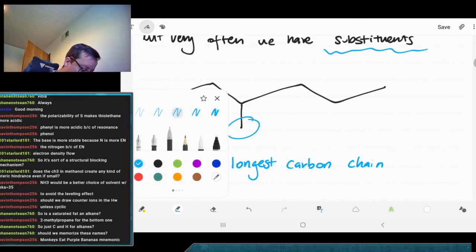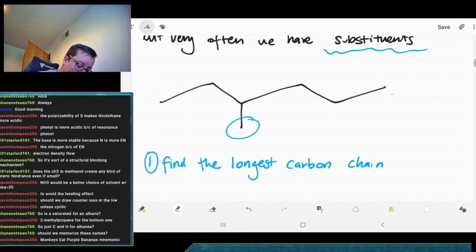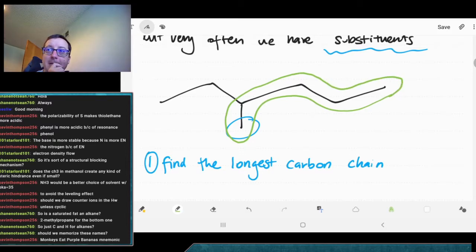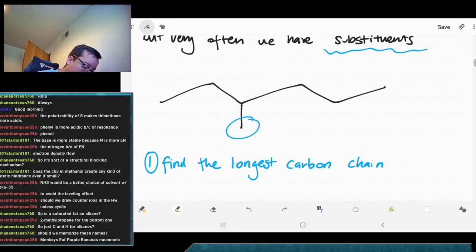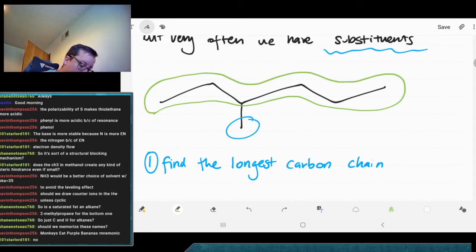But we could say, aha, is this my longest chain here? 5 carbons long? No. In fact, it is indeed this. This is our longest chain here. Indeed. So we have a 6 carbon chain. That's going to be our longest chain here.